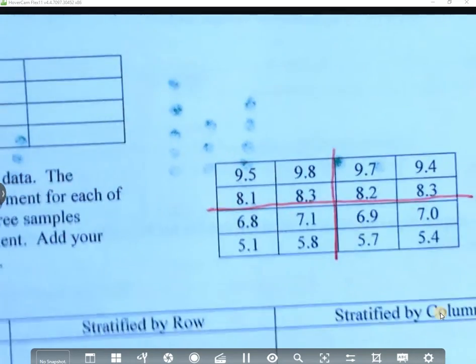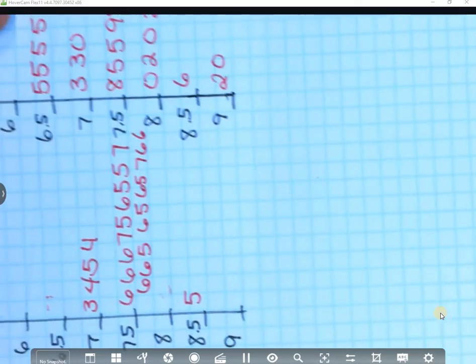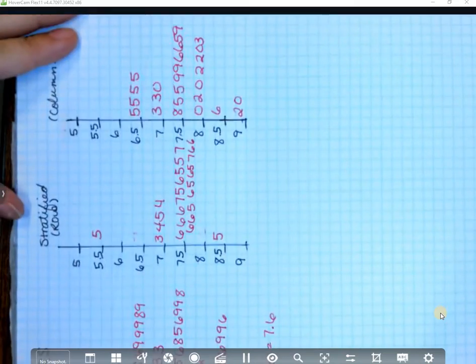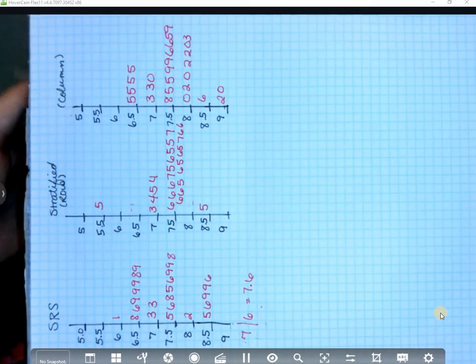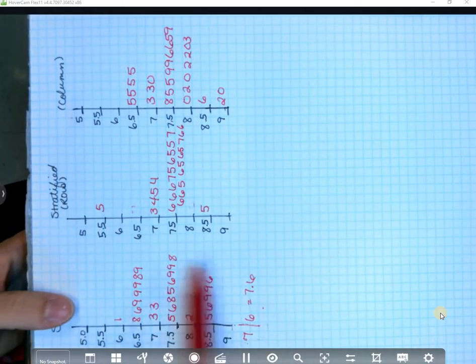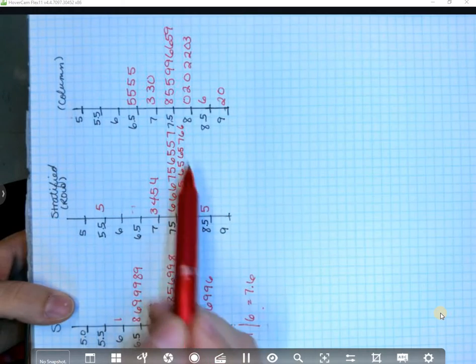Okay? So what was nice about this activity is it really gives you a chance to see what doing different things will do. And if I look at each of my different graphs here, do you think I want to see more spread out for my averages, middle, or tightly clustered?